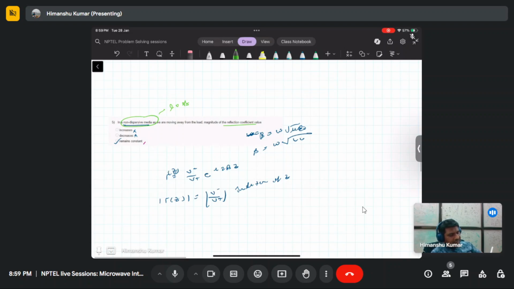If you look, only the phase term varies as a function of distance. As you take the magnitude, this phase term goes away and only the magnitude remains. So the reflection coefficient will remain constant.